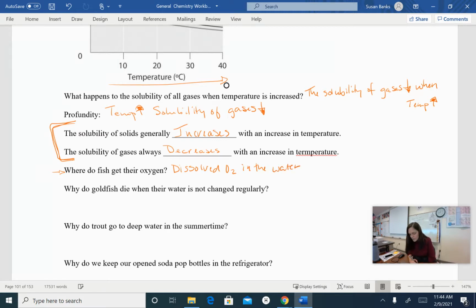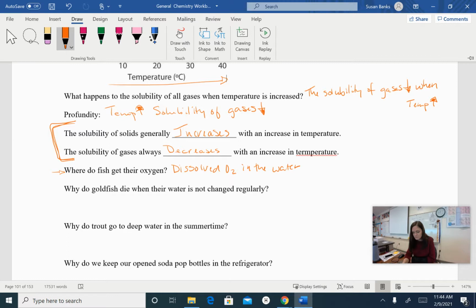Okay? So think about this. Have you ever had a goldfish? Did you ever not change their water regularly? What happened to your goldfish? If you didn't change that water regularly enough, that goldfish died. And the reason that goldfish died is that oxygen wasn't recirculated enough unless you had a pump or a valve in there somewhere. Because that goldfish used up the oxygen that was dissolved in the water.